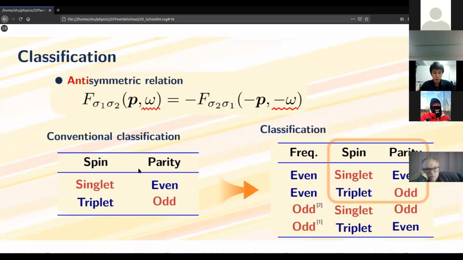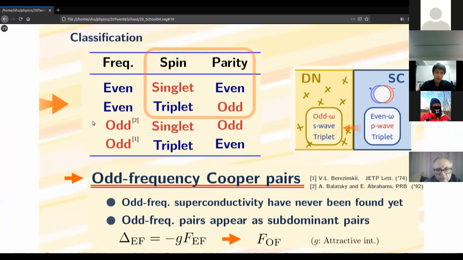We have to flip the frequency when we consider the antisymmetric relation. In this case, the classification is also generalized as shown here. So now we have four symmetry classes. And two of these symmetry classes are antisymmetric with respect to frequency.